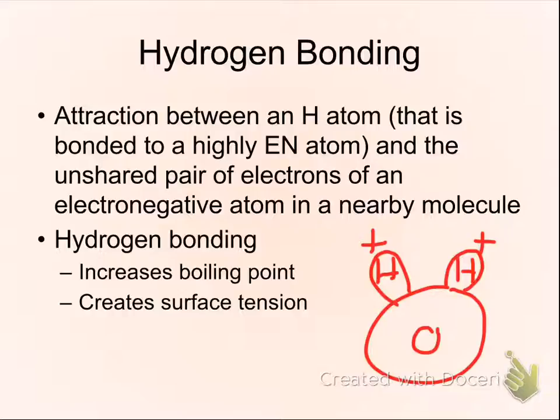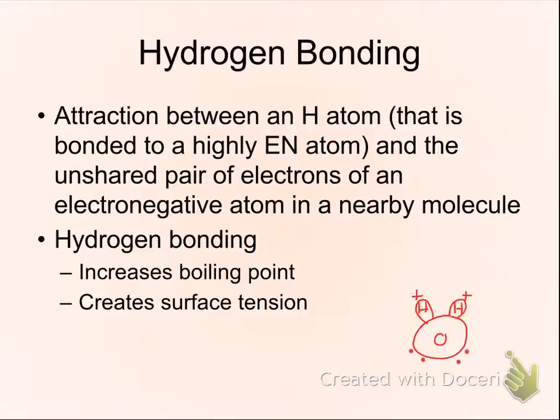Well, of course, in the case of water, you do have those unshared pairs there, which give, aside from the fact that oxygen's pretty electronegative and pulls a lot of the electron cloud that way, you have those unshared pairs there, so you get forces of attraction between the hydrogens on one water molecule and the unshared pairs on the other.